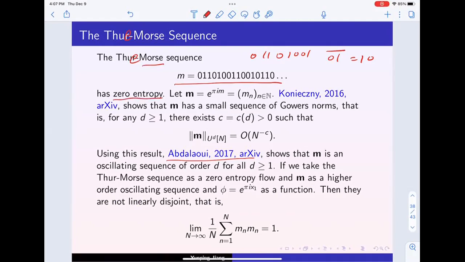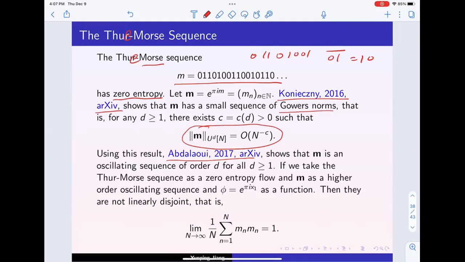The growth number of this one is polynomial, so you have 0 entropy. This paper is on arXiv. I'm not sure whether it's published already or not, but he actually calculated this Gowers norm, and it is asymptotically like n to the minus c.